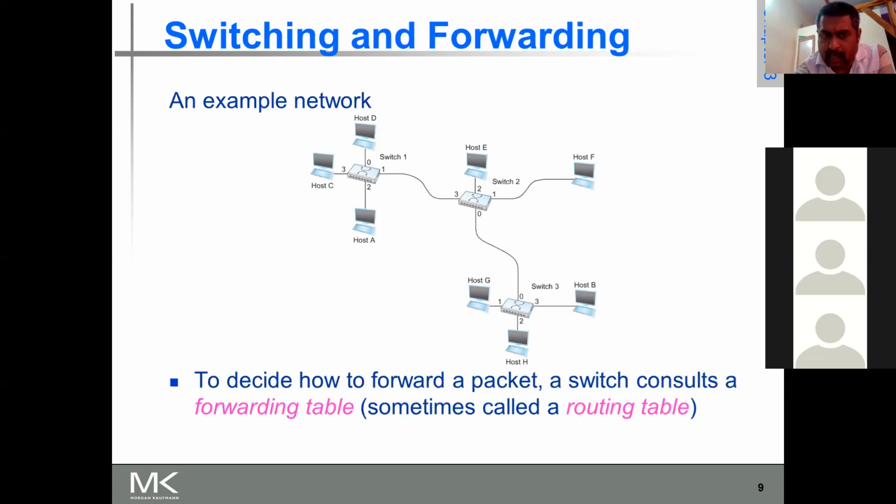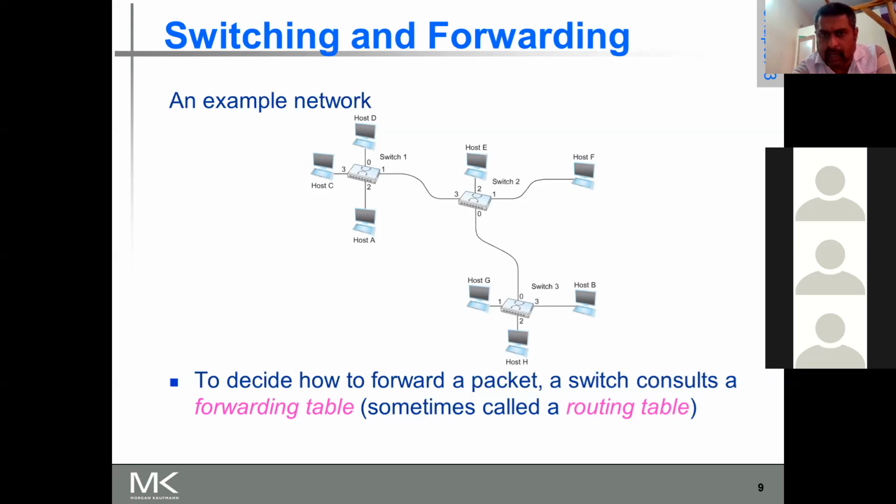Whatever packets come in from ports 0, 2 and 3 should go out from that switch to other networks through port 1. Keep that in mind.